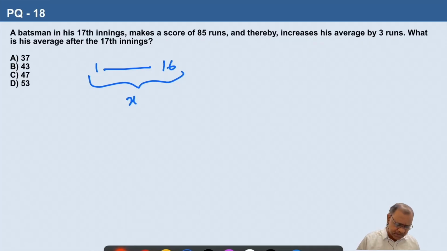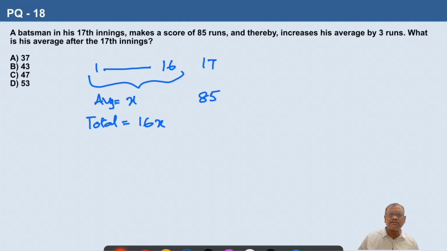Average is x, and for 16 innings the total is 16x. In the 17th innings, he scored 85.